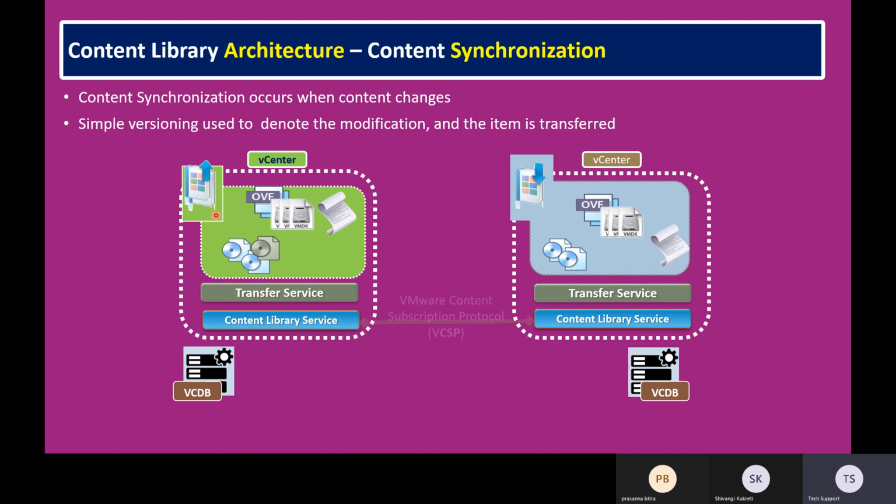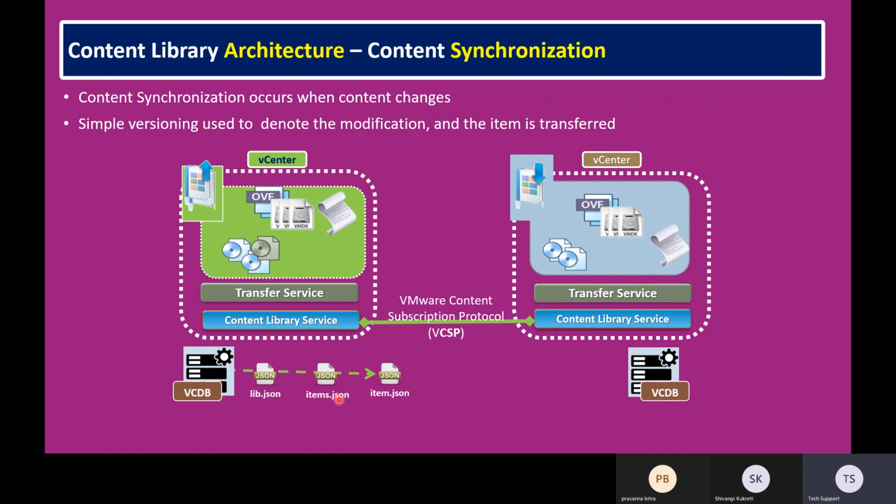When the version is updated, the content library using VCSP, the VMware Content Subscription Protocol, will automatically detect the latest change on our published content library vCenter server. When it is detected, it will start requesting the data from our vCenter server. But how it requests is, it will always verify the JSON files data only.